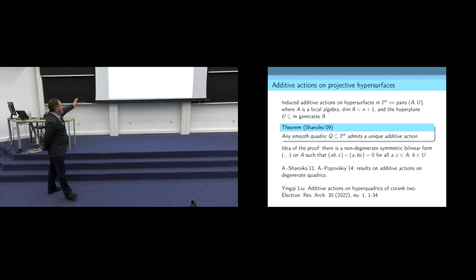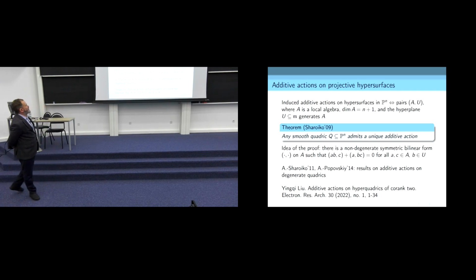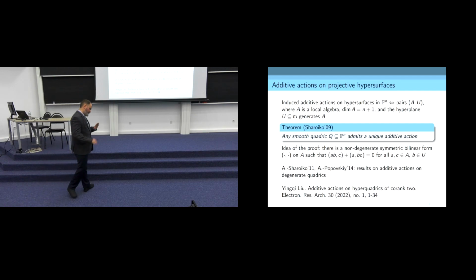And it has a quite nice linear algebra type proof. Elena introduced some symmetric non-degenerate bilinear form on this algebra, and it can be proved that if such a form exists, then this algebra is unique and the subspace is unique. And also there are some further results on degenerate quadrics. For degenerate ones, there will be many additive actions, but they also can be studied.